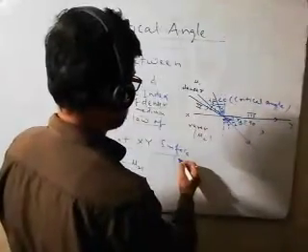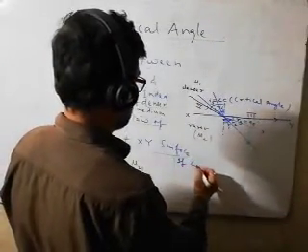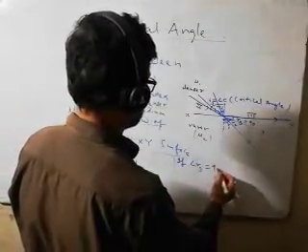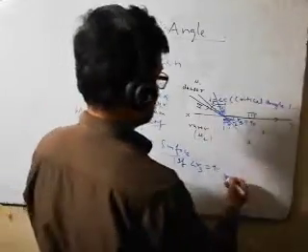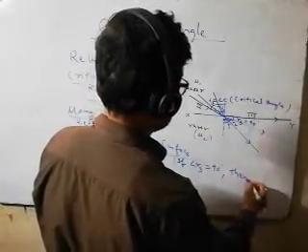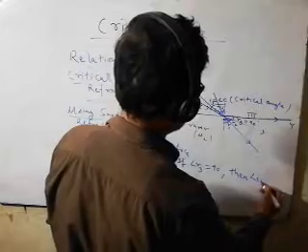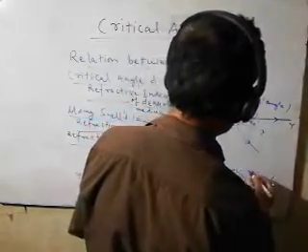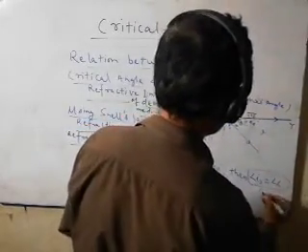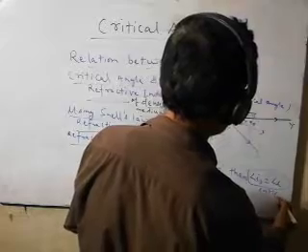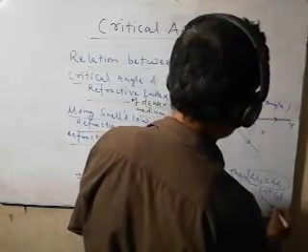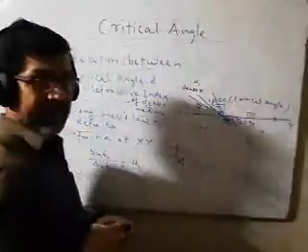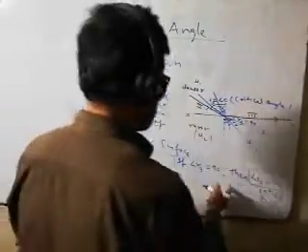If angle R3 is 90 degrees, then angle I3 is called critical angle C. Critical angle C. So we are applying this condition here.